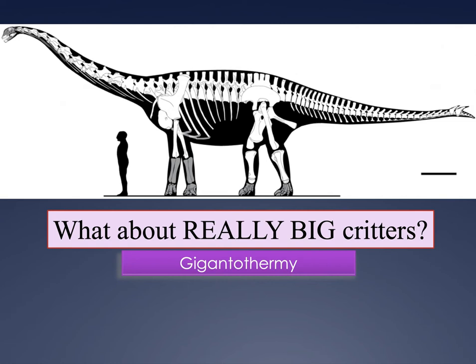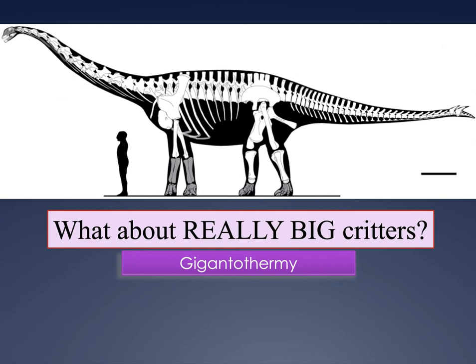And so the point of gigantothermy is that when you're a giant, and that's what the giganto is referring to, you can't considerably heat up or cool off in the course of a day. So what they are, the giant sauropod animals, is they're ectotherms, but they have a steady body temperature.